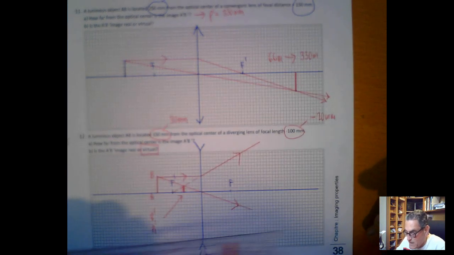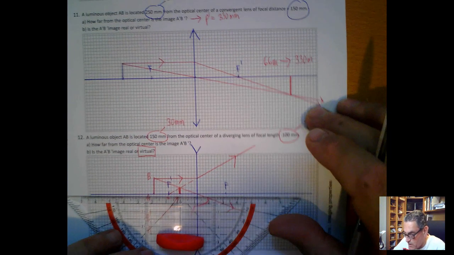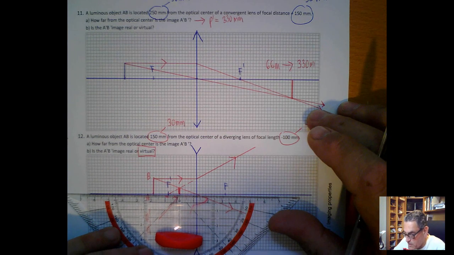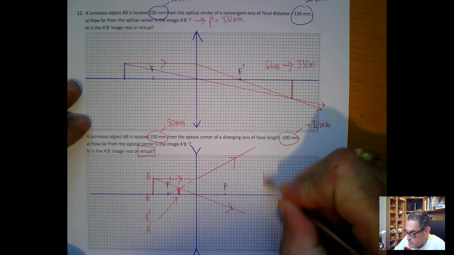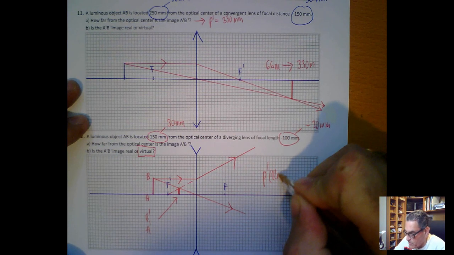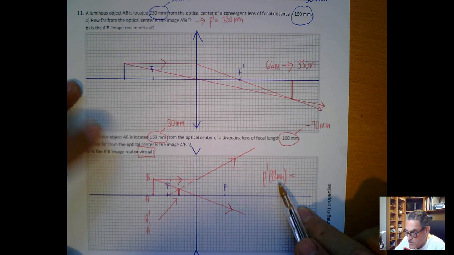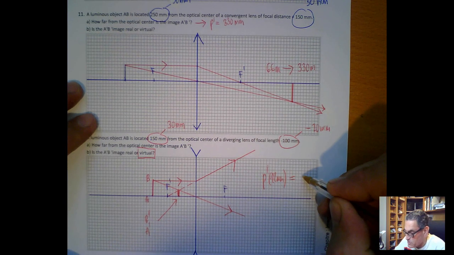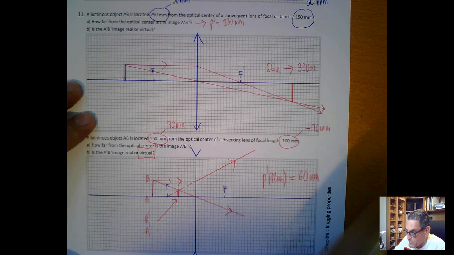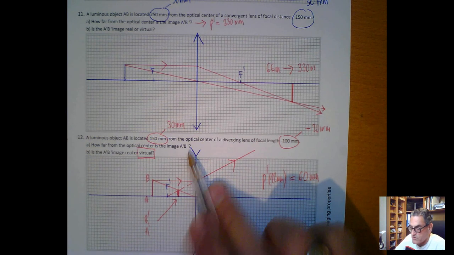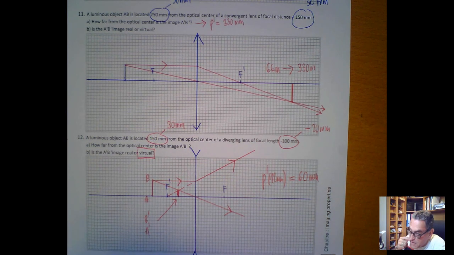Now if you want to answer at what distance we are, I have here 12 millimeters, so we have P prime 12 millimeters. If I multiply it by 5 to go back to the original dimensions, it's 60 millimeters. So the answer to question A is 60 millimeters.